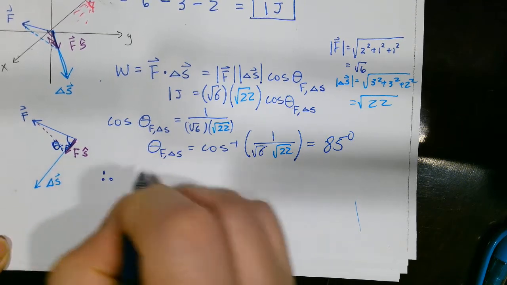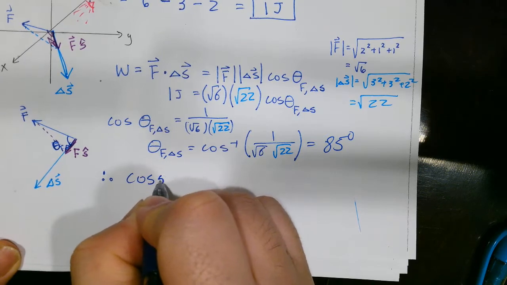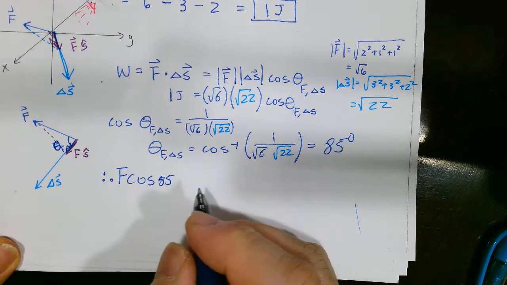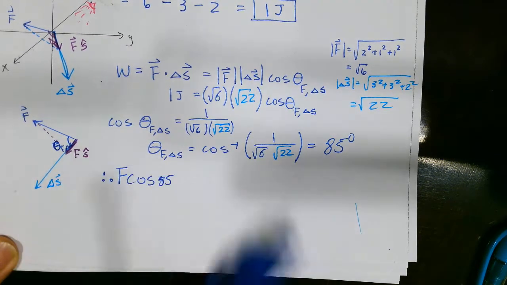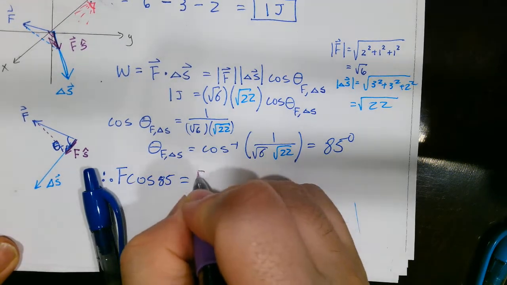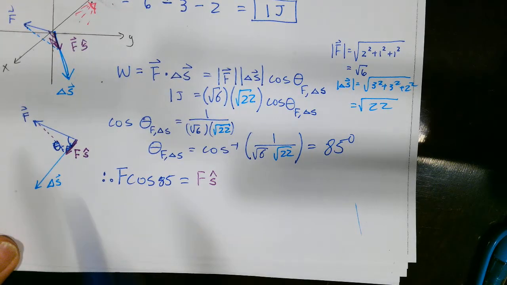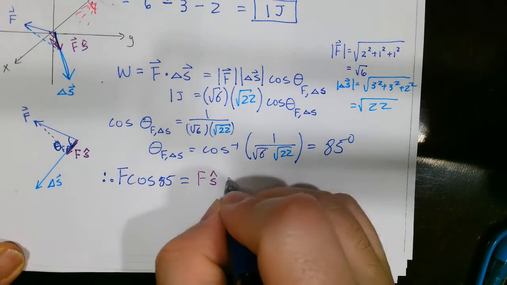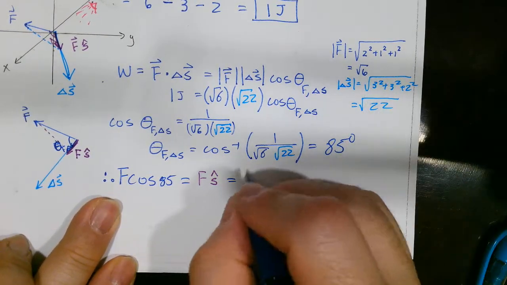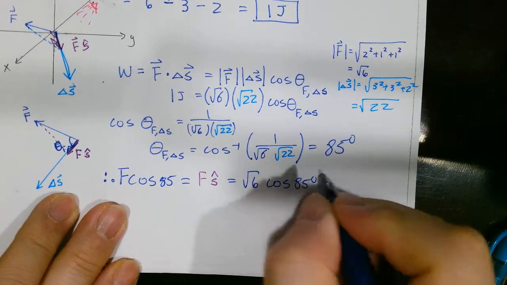Therefore, the cosine of 85 times the force F represents this F S hat. Okay? So F, we know it to be radical 6 times cosine of 85 degrees.